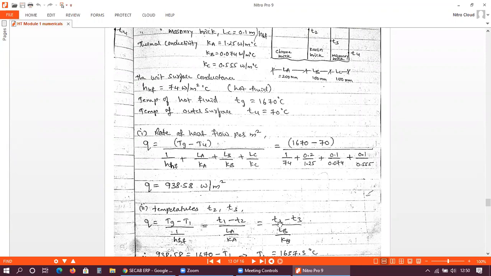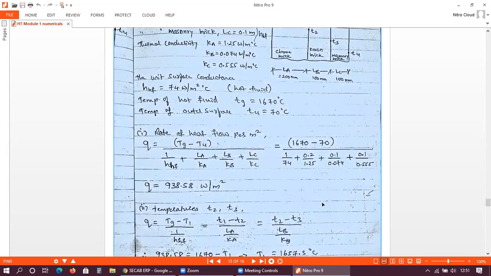And T2 minus T3 divided by LB by KB, the rate of heat transfer through the second block, the kaolin block. This is equal to the third one also: T3 minus T4 divided by LC by KC. You can extend it.